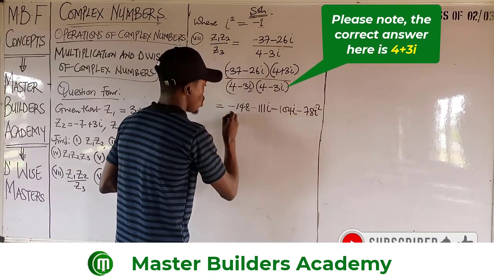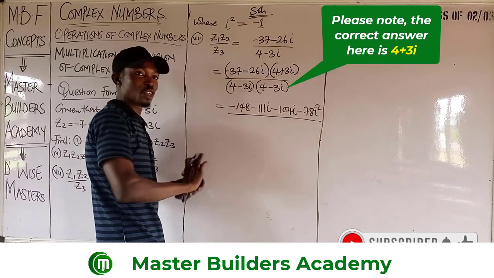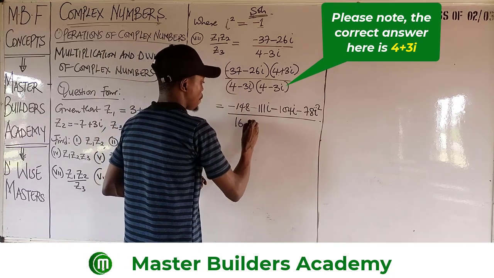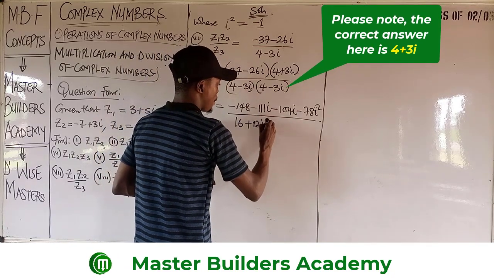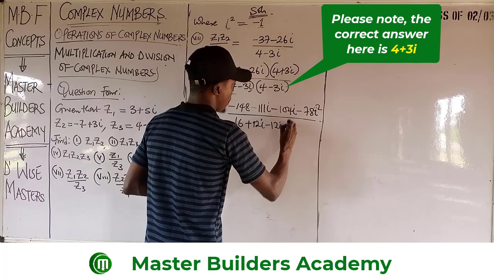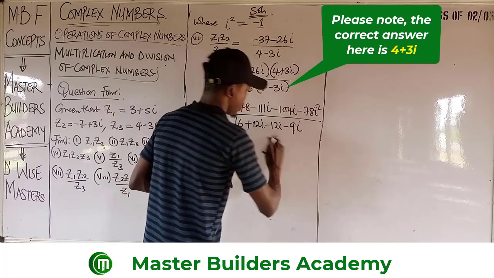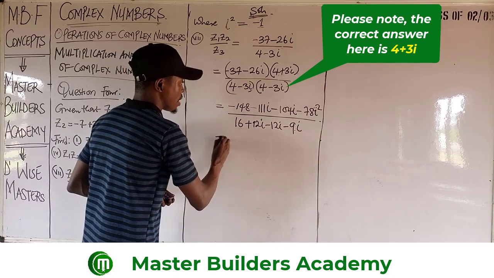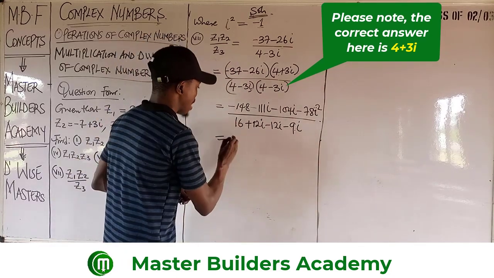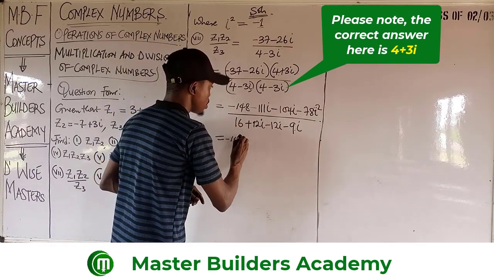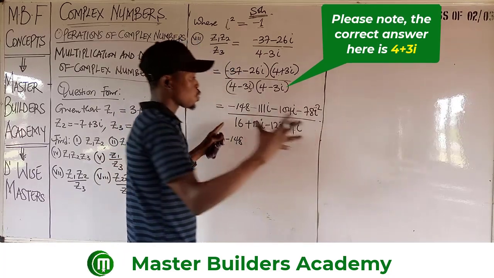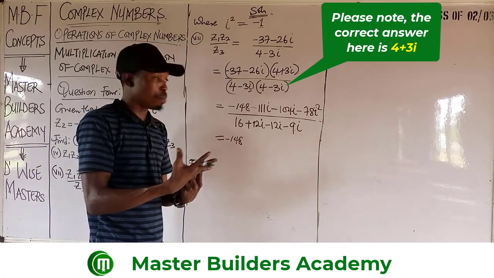So this is what we have all over. Of course, the denominator is not new. This is 16 plus 12i minus 12i, then plus minus 9i squared. I hope you understand this. This is what we have. So at the numerator, this is minus 148. Minus minus would have given us plus in summation.